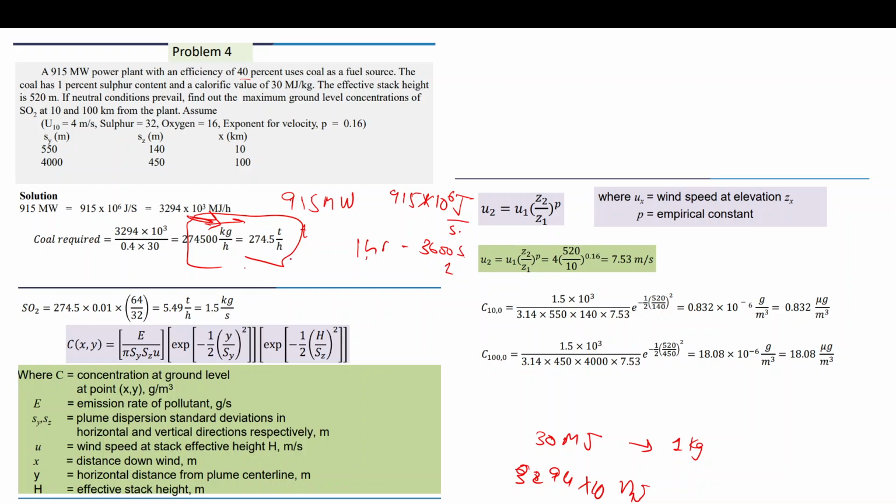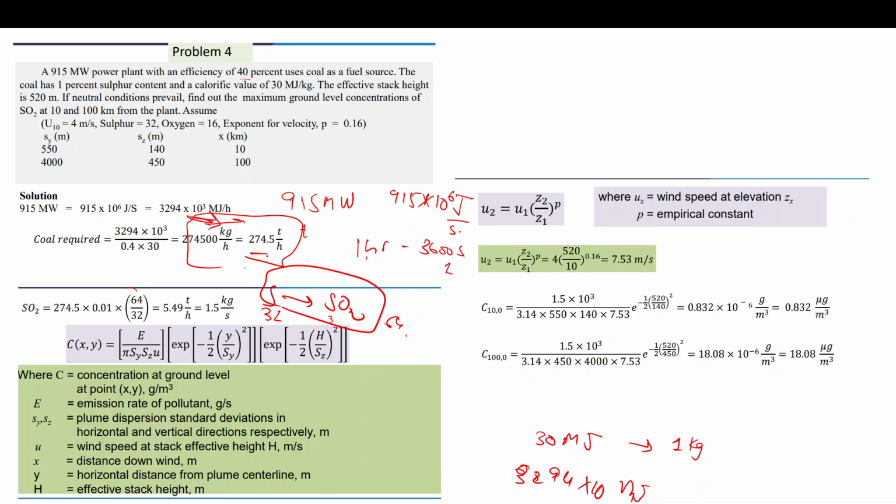Now that sulfur is converted into SO2, and if you want to find out the weight of SO2 which is produced, then 32 gram of sulfur will form 32 plus 32, 64 grams of sulfur dioxide. So if you want to find out the amount of sulfur dioxide, you need to multiply by 2.